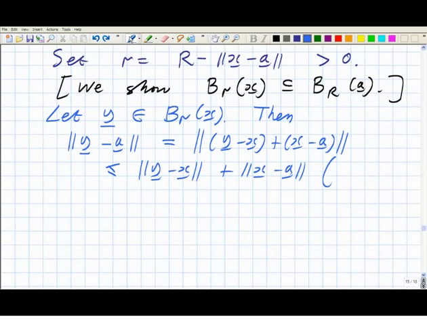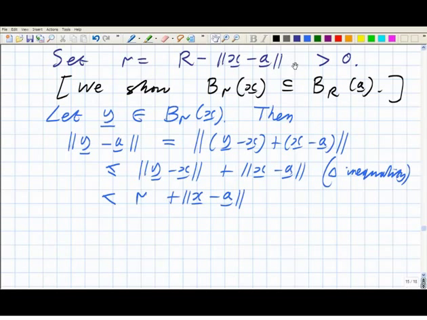So that's smaller or equal to the norm of y minus x plus the norm of x minus a. That's by the triangle inequality. And well, the norm of y minus x is less than r.